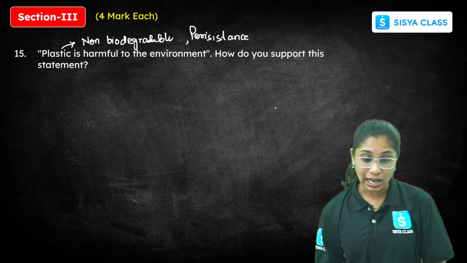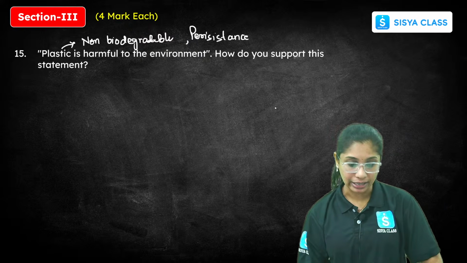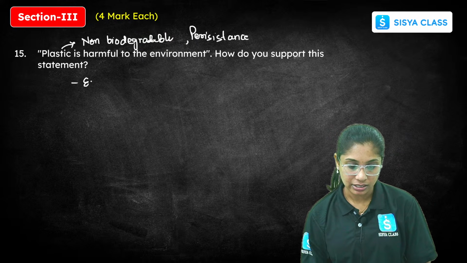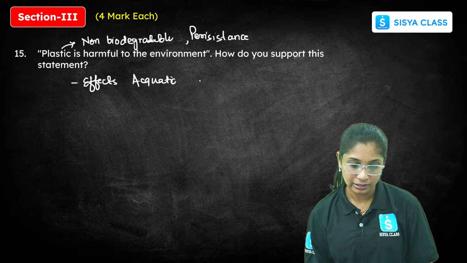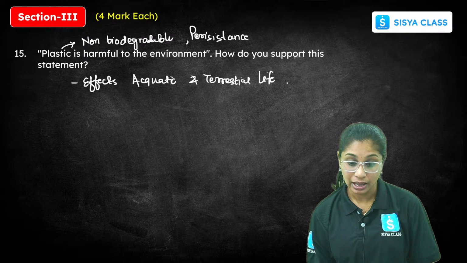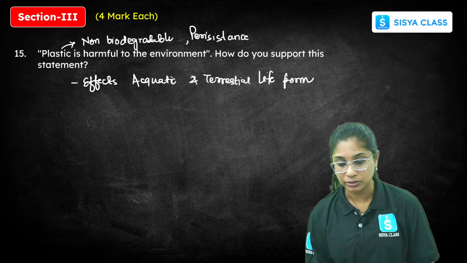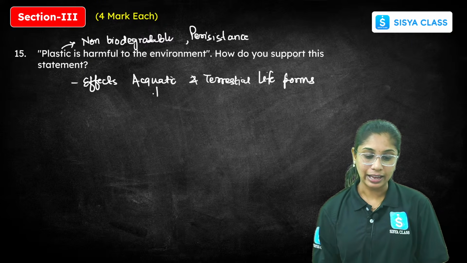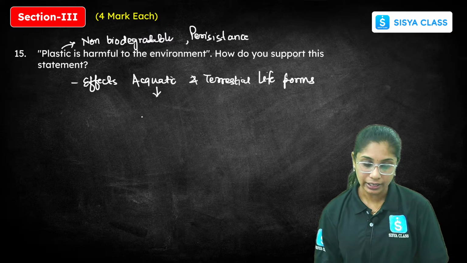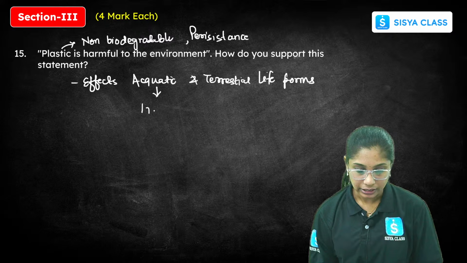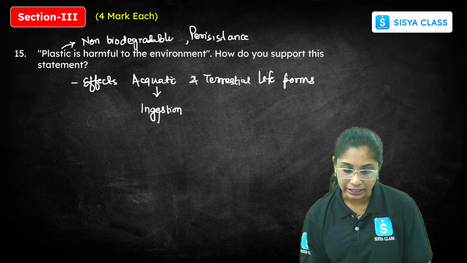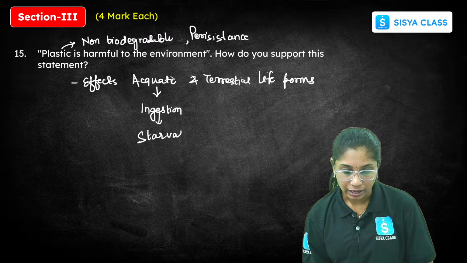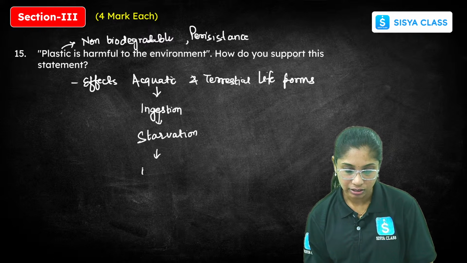Now, how is it harmful? It affects aquatic and terrestrial life forms. How? In aquatic organisms, ingestion of certain plastics may lead to starvation and ultimately death of the organism.